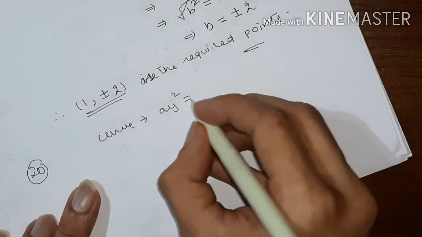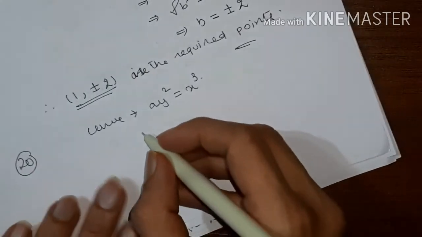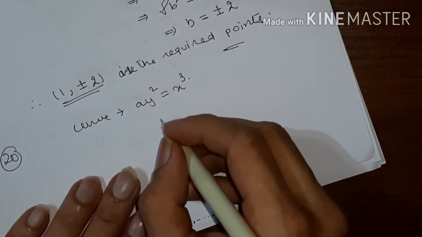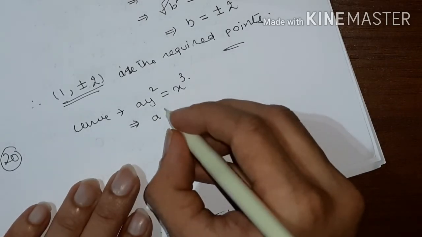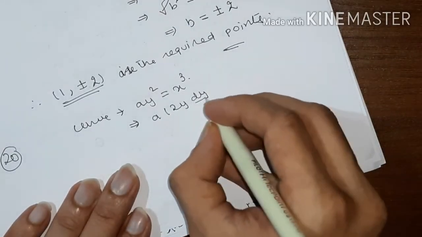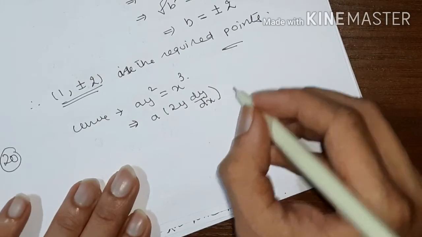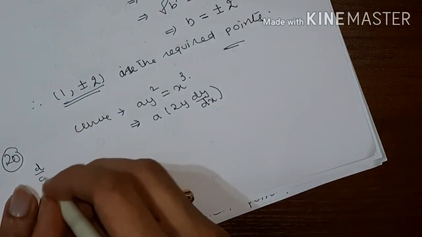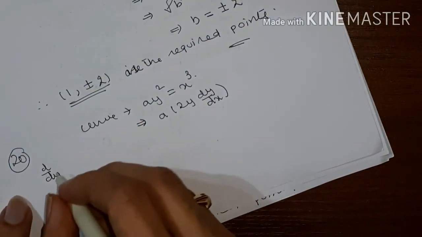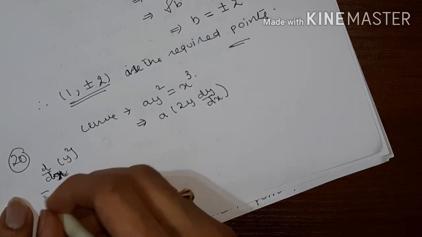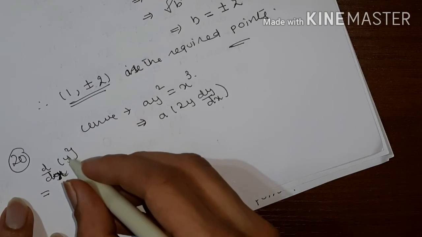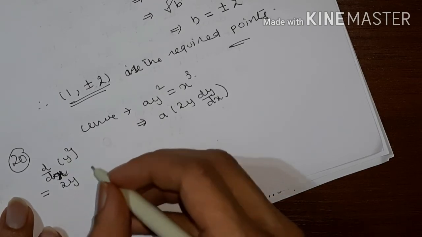a y square equal to x cube, right? So that means if you take dy by dx of this, you will get a times 2y dy by dx. Now why is this? Because the derivative of y square with respect to x is what? Derivative of y square is 2y.